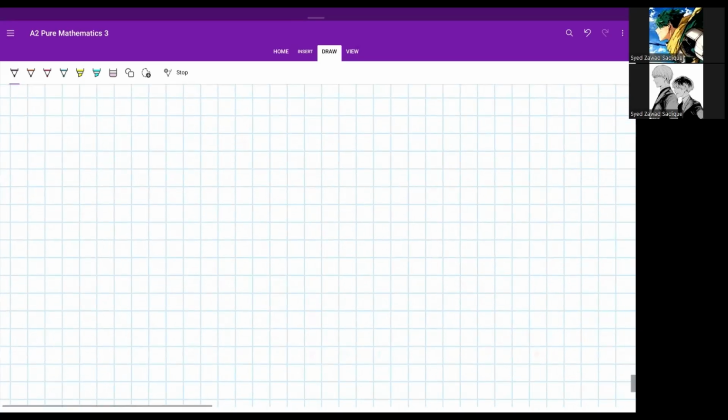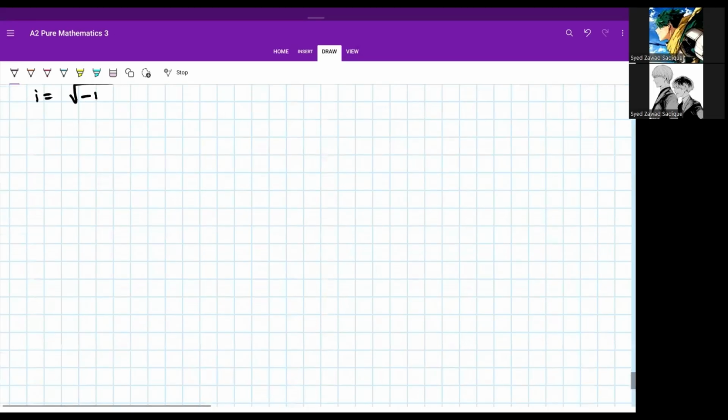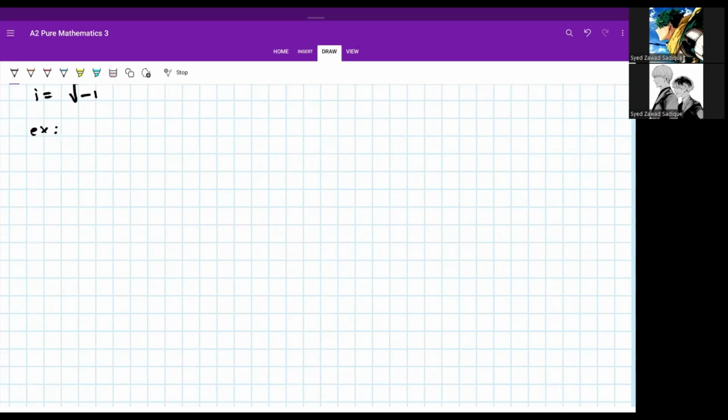We have to learn that i represents the square root of minus 1. So for example, root of minus n is equal to root of n times root of minus 1, which is equal to i root of n.